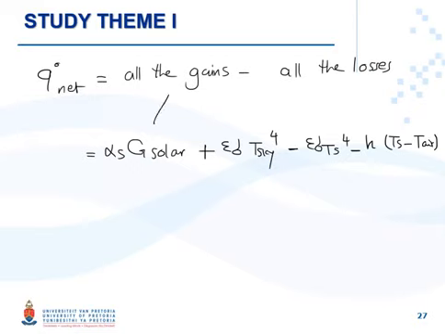So there are 2 gains and 2 losses, 1 convection and 1 solar.